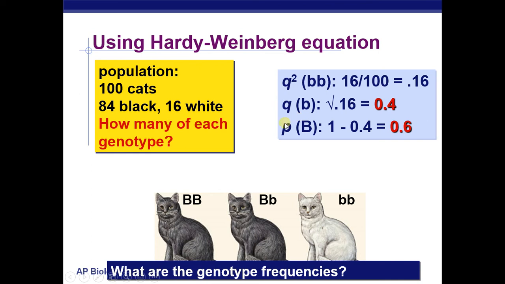And then we can figure out the frequency of the dominant allele by saying, okay, p plus q needs to equal 1, so 1 minus 0.4 is 0.6. That's an example of how we could use this equation. Just a reminder, we always have to know or make the assumption that the population is in Hardy-Weinberg equilibrium to use the equation.